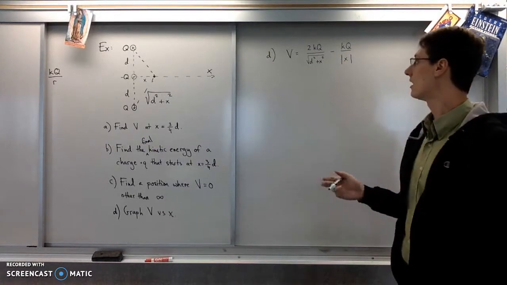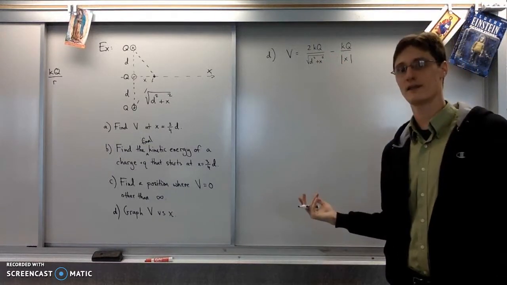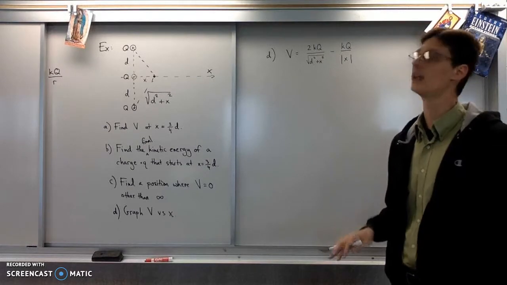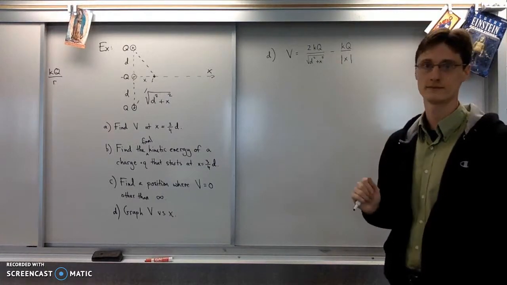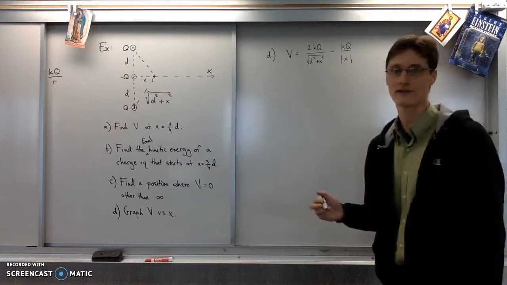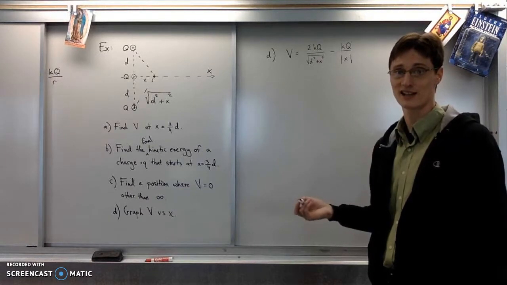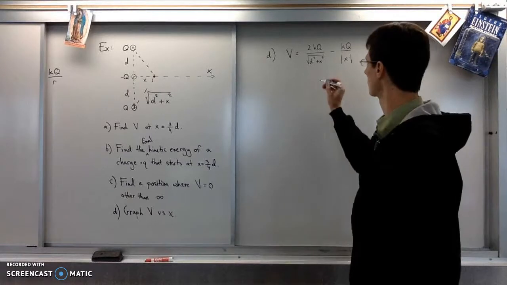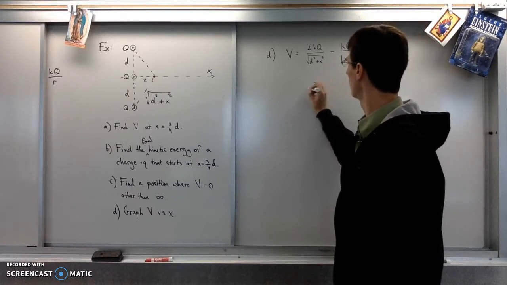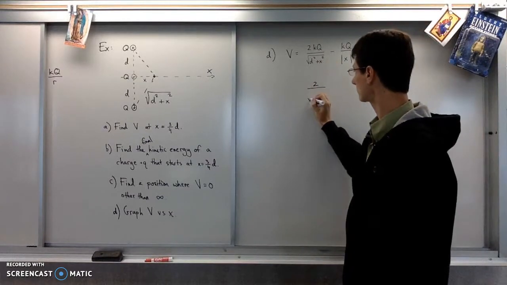All right. Now, if you want your calculator to actually graph this and give you the right shapes for things, you need to plug in values for k and q and d. We don't have any values, so I'm just going to make believe that k times q is 1. It doesn't have to be, but if I don't have particular numbers, I can't exactly just make things up and go with it. So I'm just going to say they're equal to 1. Okay. So 2 over, and then I'm going to say, how about d also equals 1?